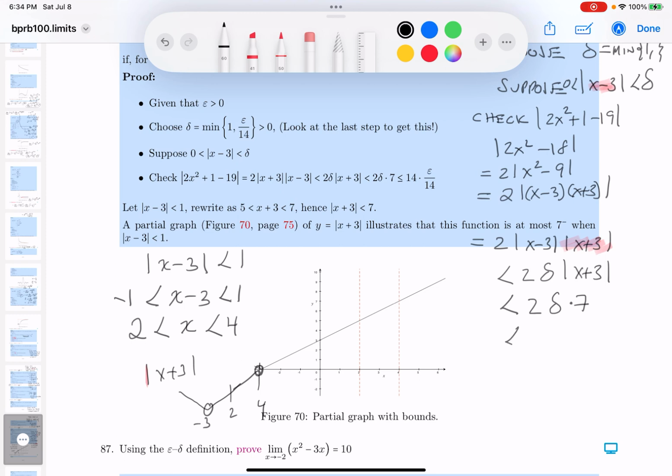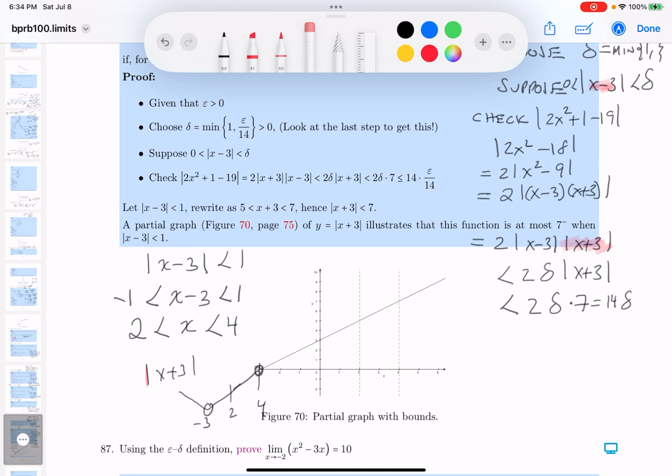And what's that going to give me? Let's write this over here. Oops, I shouldn't put that down. It's going to be 14 delta. Now, this could be epsilon. But the thing is, the minimal of it, it's got to be less than or equal to. So what am I going to get over here?